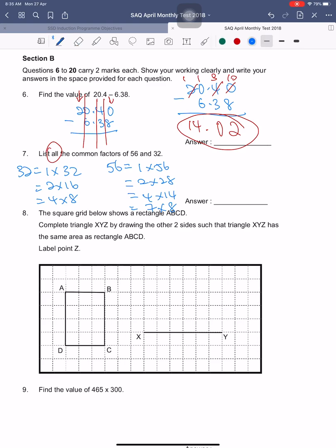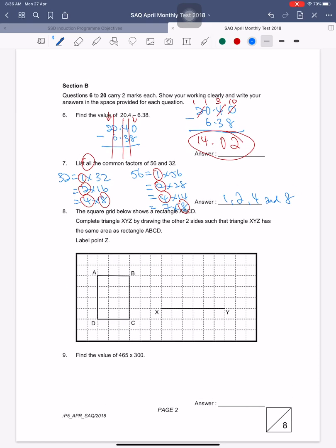That is where you list down all the common factors: 1, 2, 4, 8. No more. So all the common factors will be 1, 2, 4 and 8. You must give me all 4 in order to get the 2 marks.